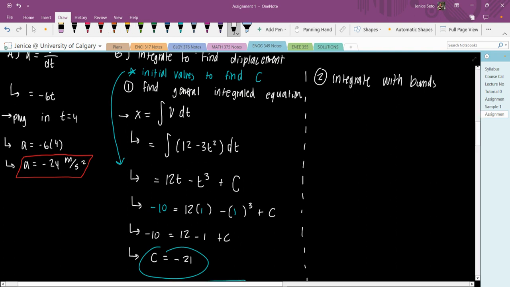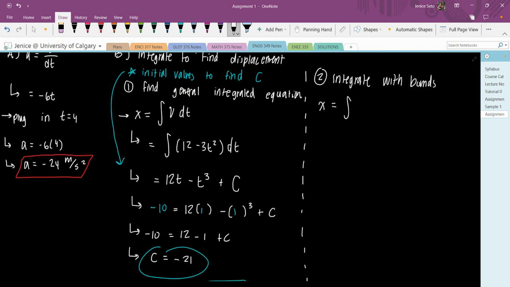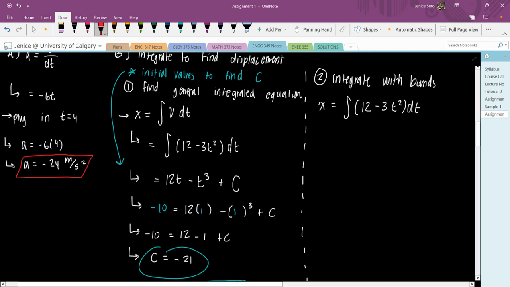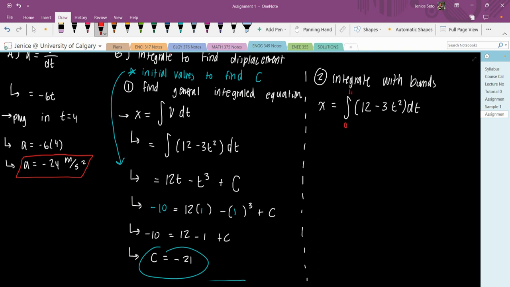All right, so in that case, x is equal to, I'm going to put our velocity function in here, and now we are integrating from bound 0 to 10. So that's going to give us 12t minus t cubed, evaluated from 0 to t.